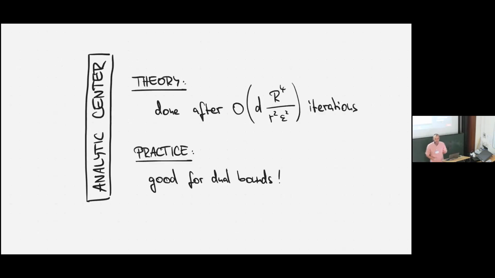Can you just repeat? I believe there are ways to get a log to the analytic center. Oh, interesting. Okay. Aaron just mentioned that it seems that you can get the log into the dependence on capital R and little r and the error by paying a bit on some polylog in the dimension.